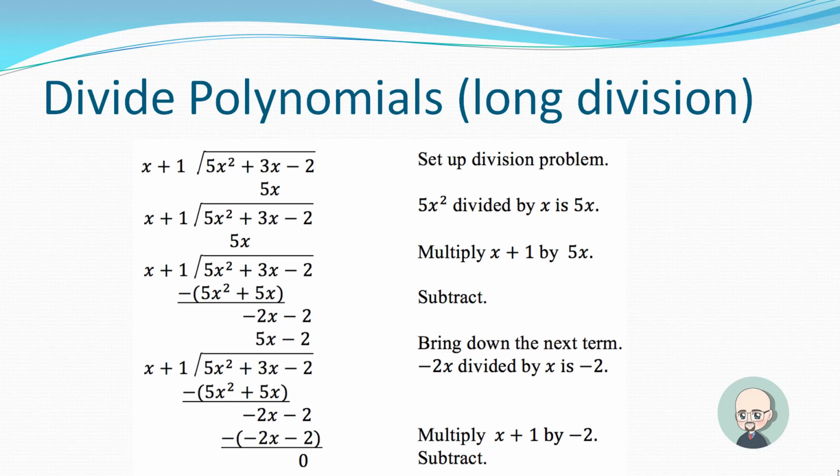Then you multiply x plus 1 by negative 2 and subtract. This is kind of complicated, but I want you to review this. Please feel free to press the space bar if you want to pause it and look it over some more. It can be confusing. There's not much of it on the exam, but you should know it. It can be tested.